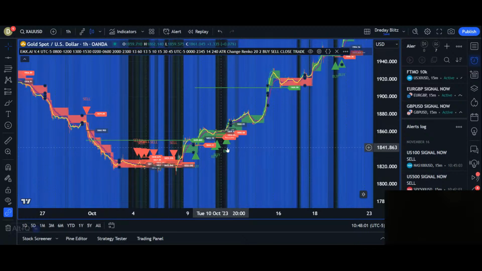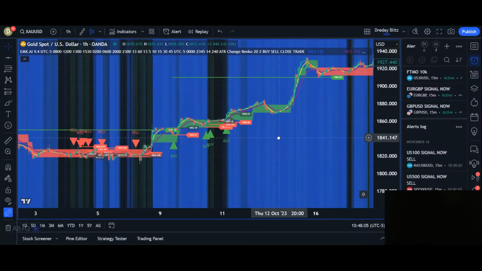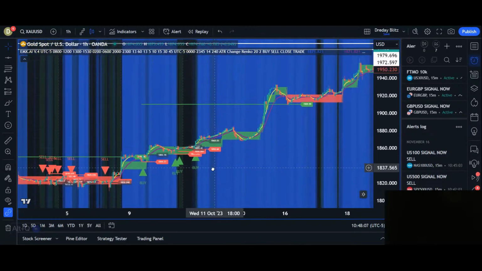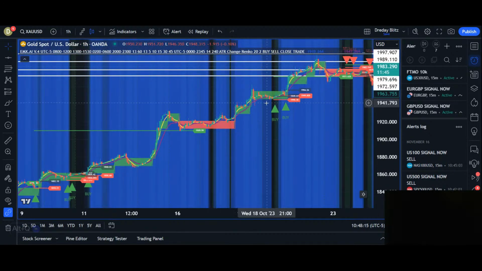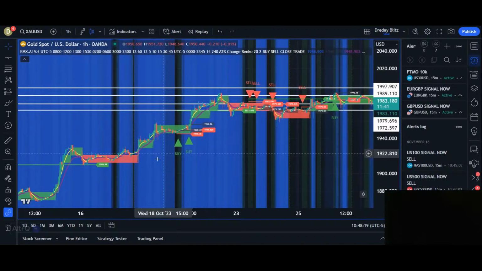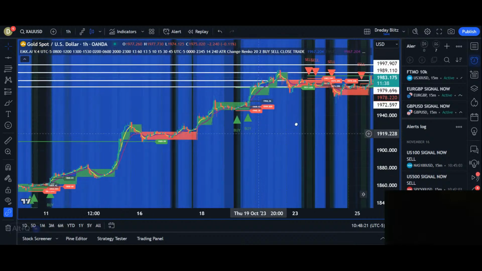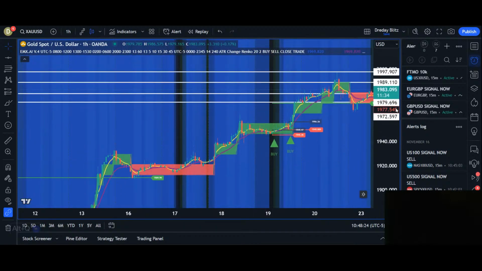So we had 1, 2, 3, 4 buys, and then this is when it switched back for a sell to consolidate, and then going back up. And everything is off of the 1 hour chart, guys. So that's really big movements.